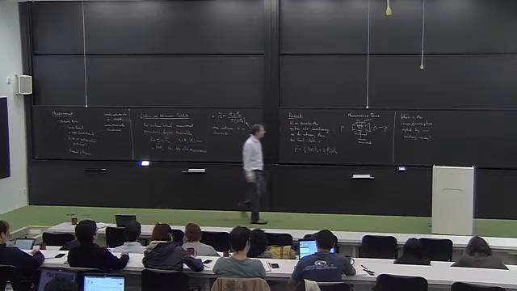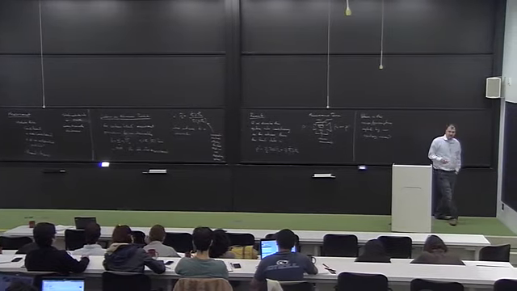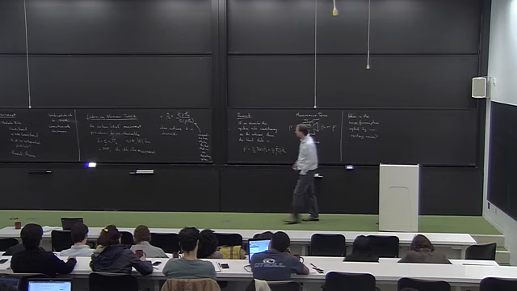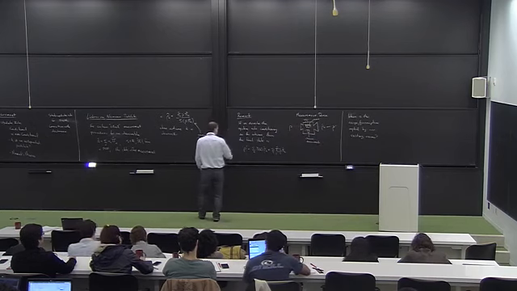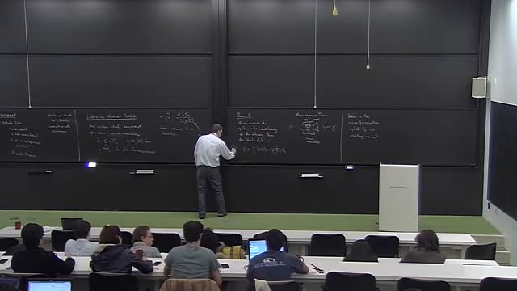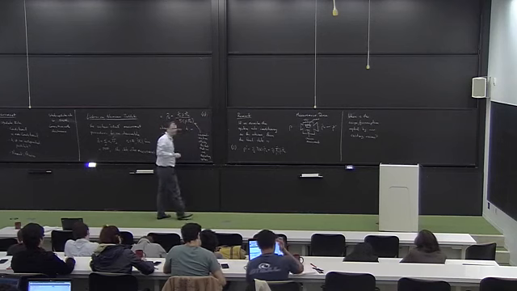Okay, so I'll tell you the answer and then I'll prove it to you. So the idea is that, let's call this case 2, and let's call this case 1.